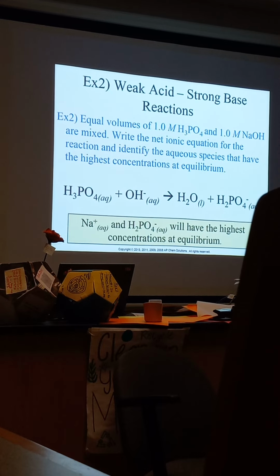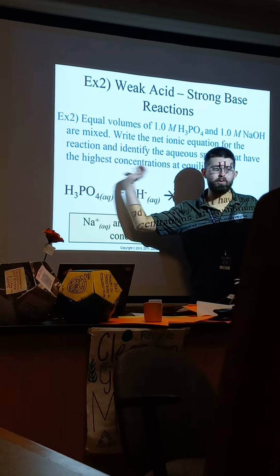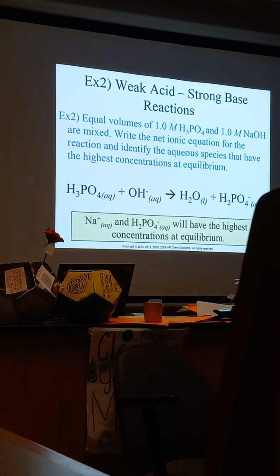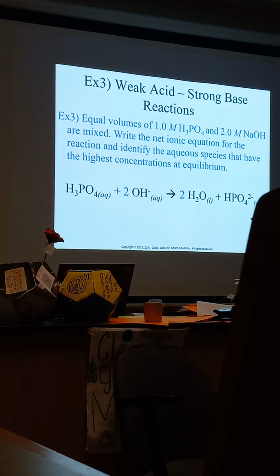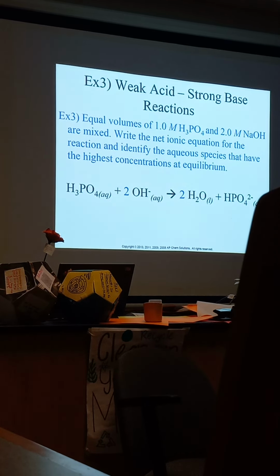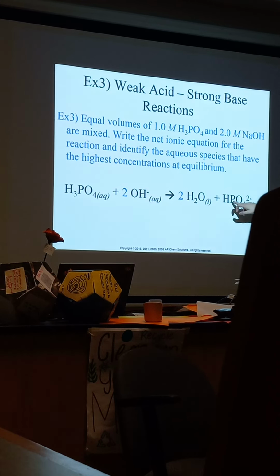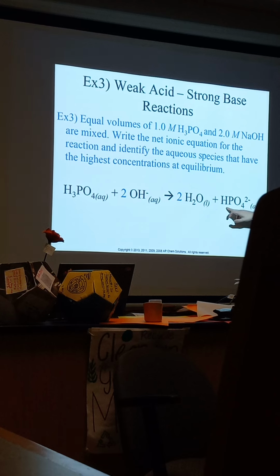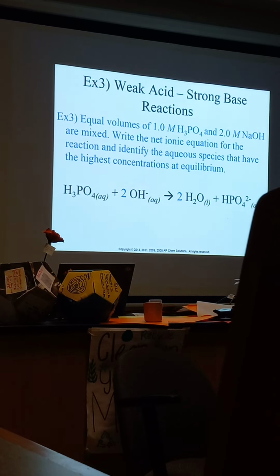So now that all of this low-hanging fruit has been taken, we're going to go after the H2PO4 minus because we've got double the OH minus. So this time around, what are we going to form? Instead of H2PO4 minus, we're going to form HPO4 2 minus.